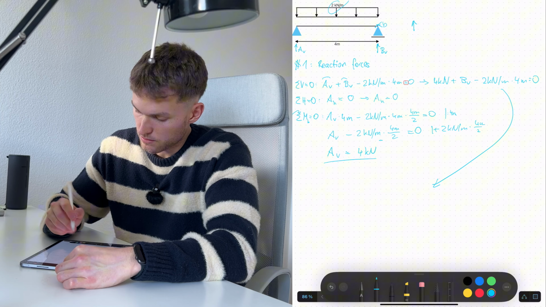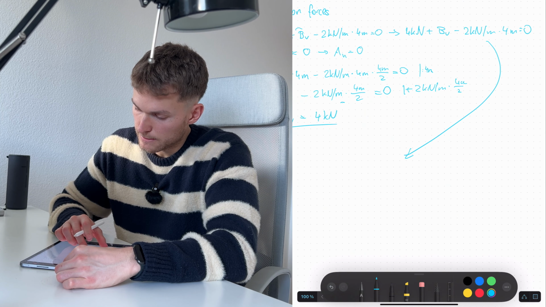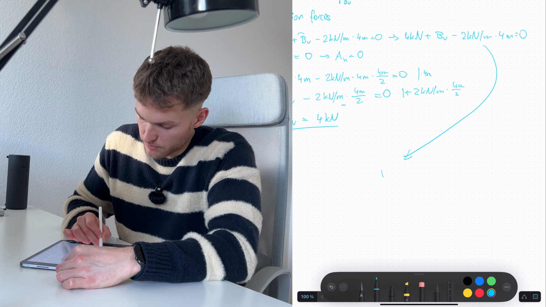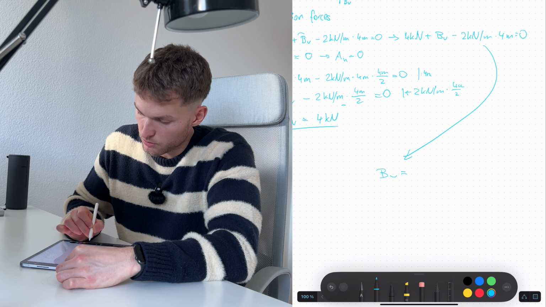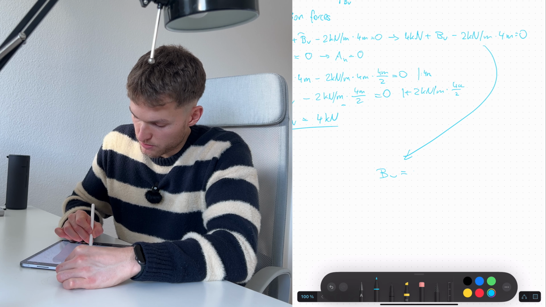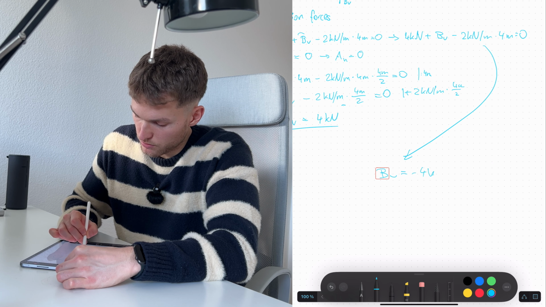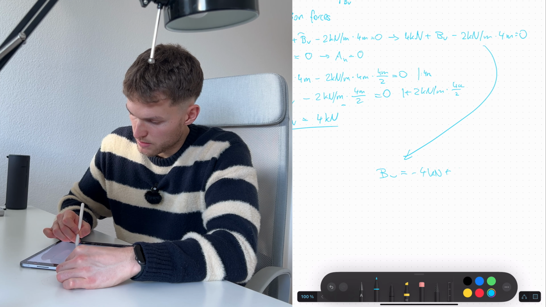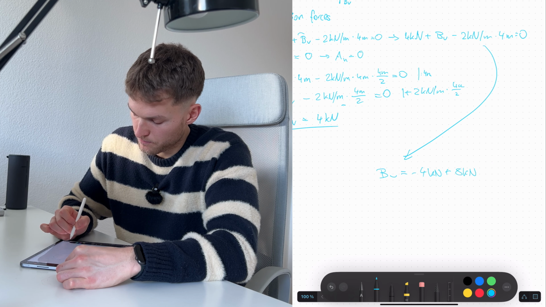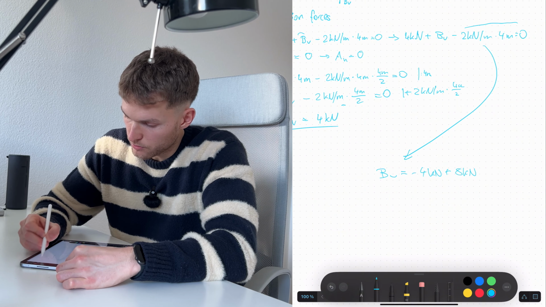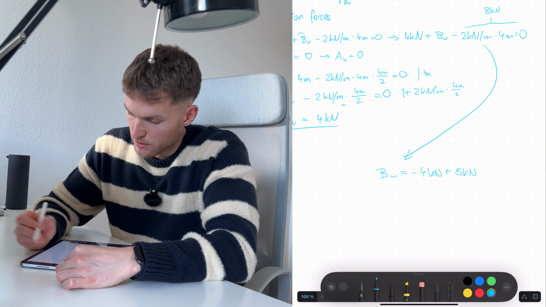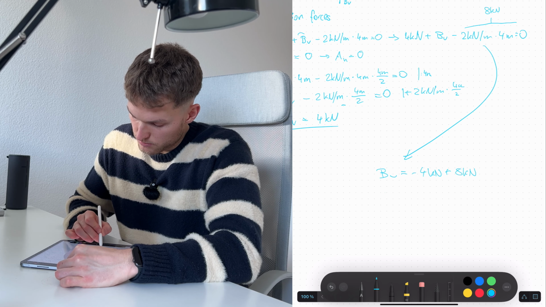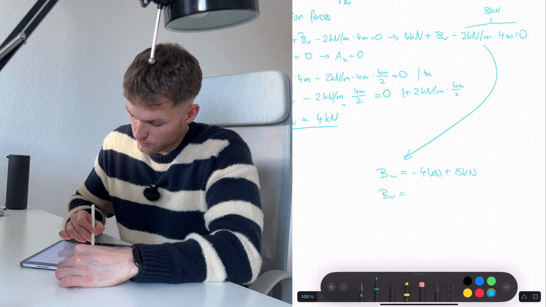Now let's do this down here. We solve it for BV, then we have BV equals minus 4 kilonewton plus 8 kilonewton, because this one here is 8 kilonewton. Yes, and that is BV equals 4 kilonewton.